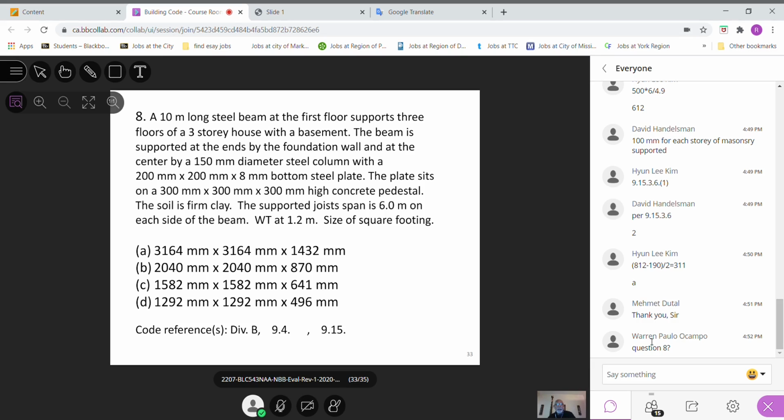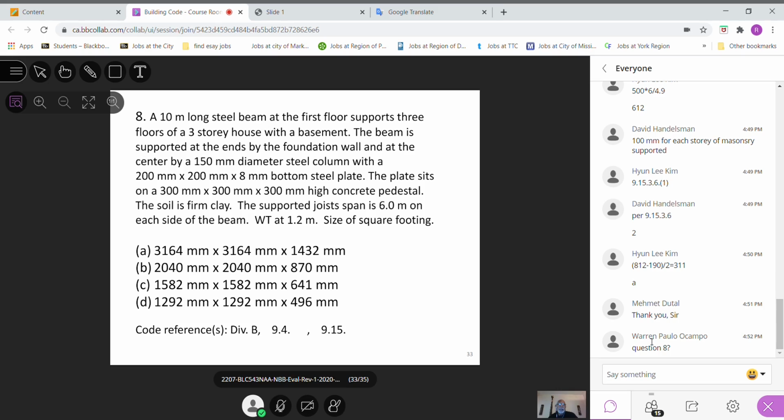Okay. So question 8, we have a 10-meter long steel beam at the first floor, and it supports 3 floors of a 3-story house. It has a basement.